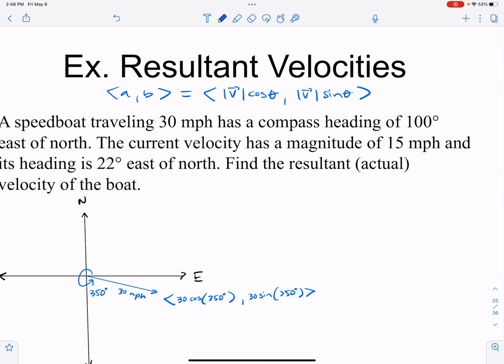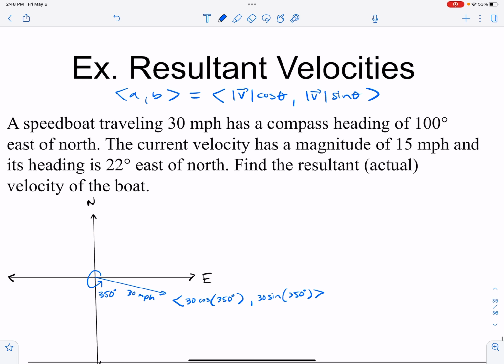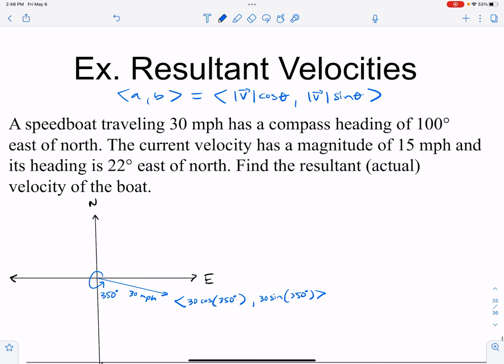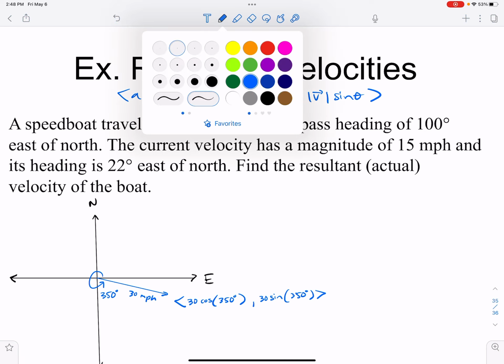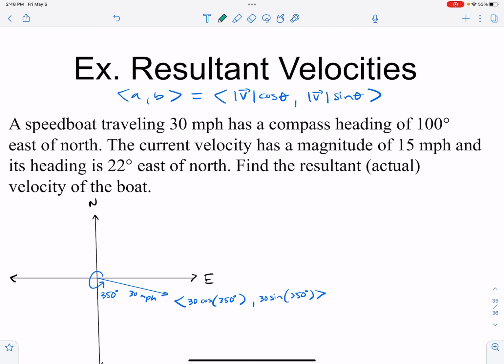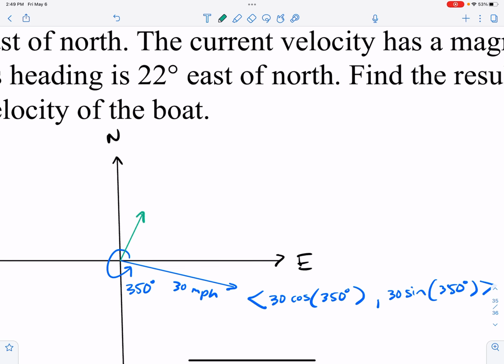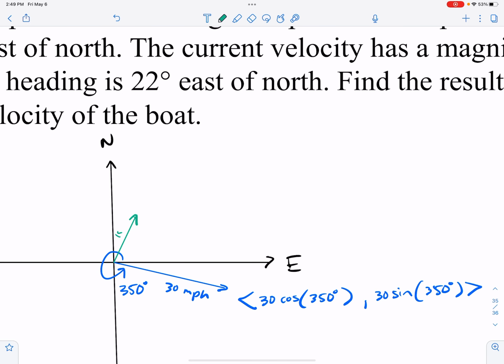The current's velocity has a magnitude of 15 miles per hour and is heading 22 degrees east of north. So for the current, I'll use green for 22 degrees east of north. So let's say that is our current vector. It has a magnitude of 15 miles per hour.